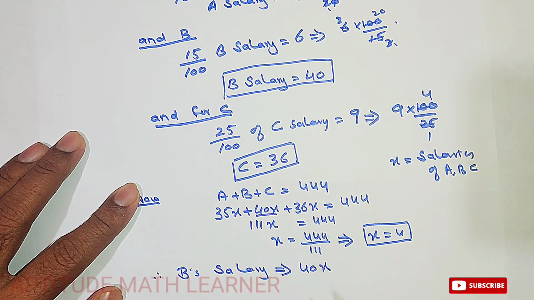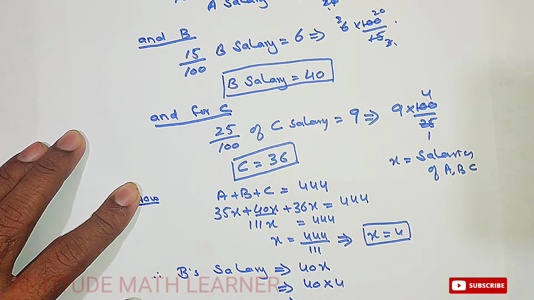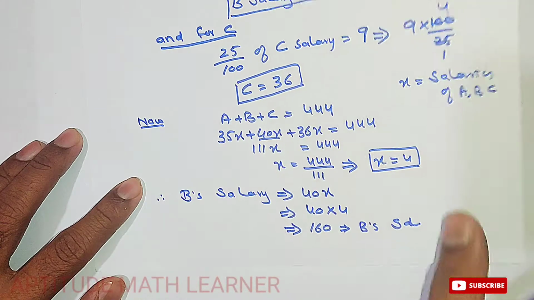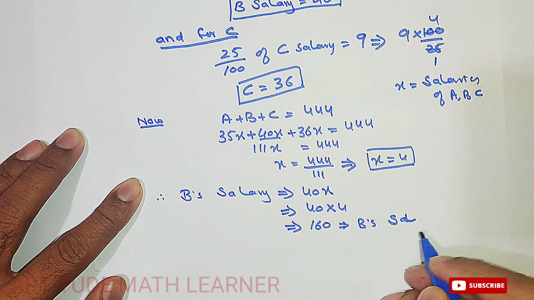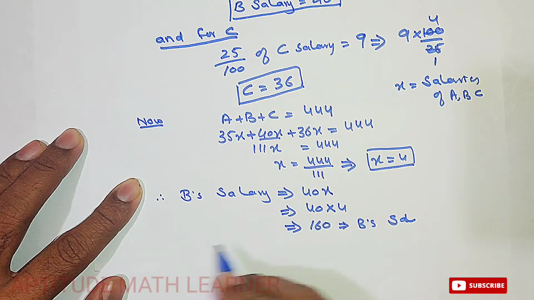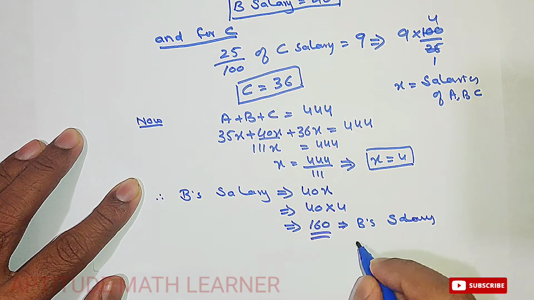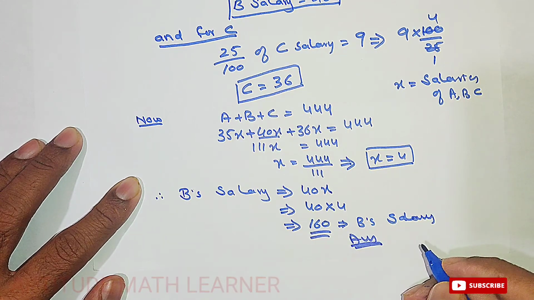This 40x is for B, and x is 4, so 40 multiplied by 4 is 160. So this is B's salary, and this is our answer as well. So thank you very much.